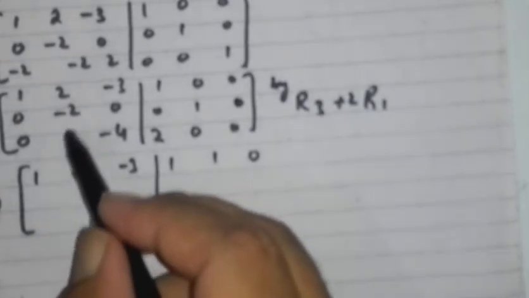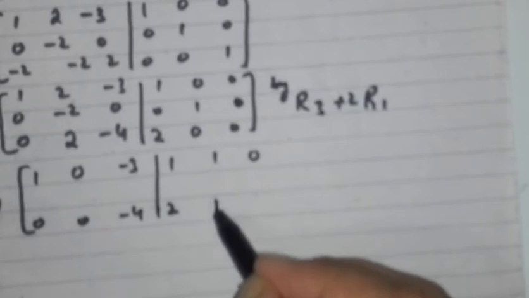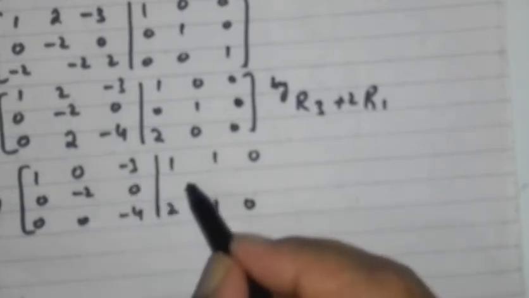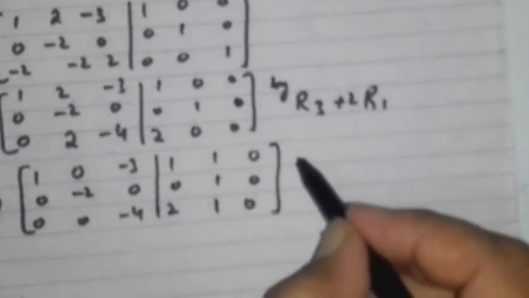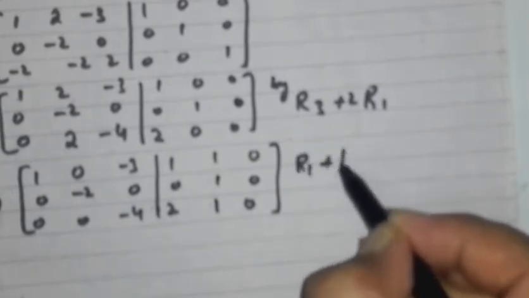Now R3 plus R2, add these two we get here 0, and here minus 4 on its place, here 2 1 and 0, and write this row on its place. 0, minus 2, 0, 0, 1 and 0. How? By R1 plus R2 and R3 plus R2.